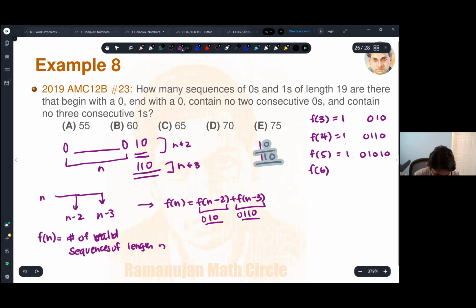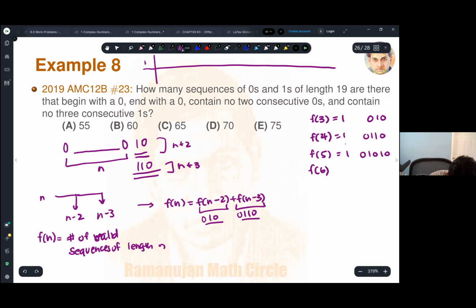So let's try to do that. For that, I'm just going to define a sort of table up here, with n and f of n.